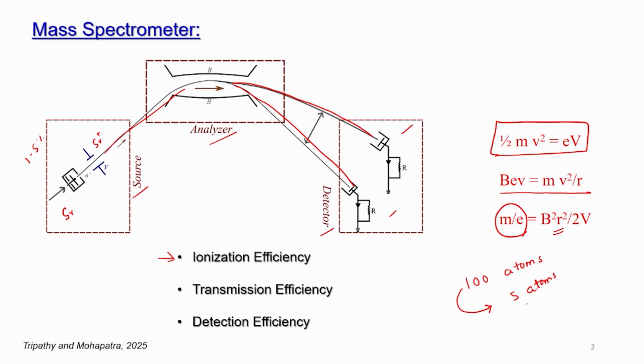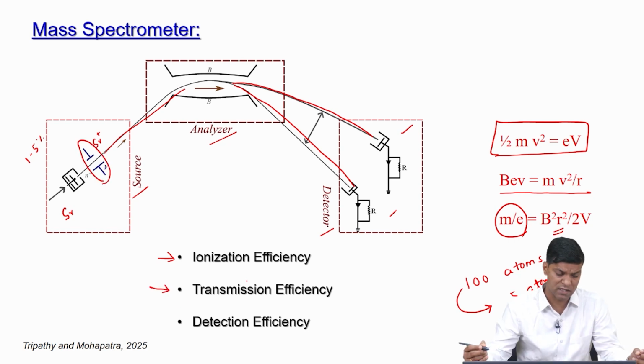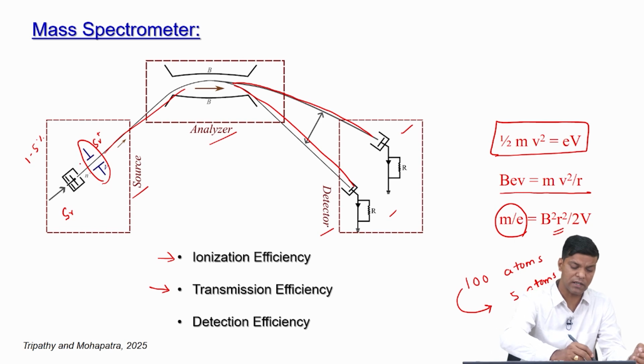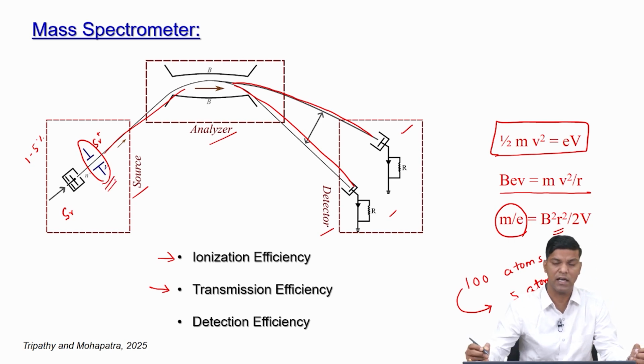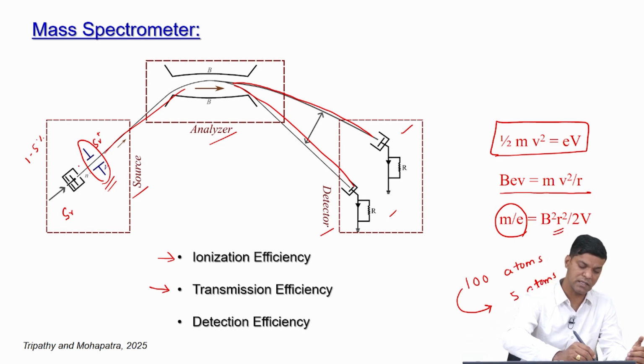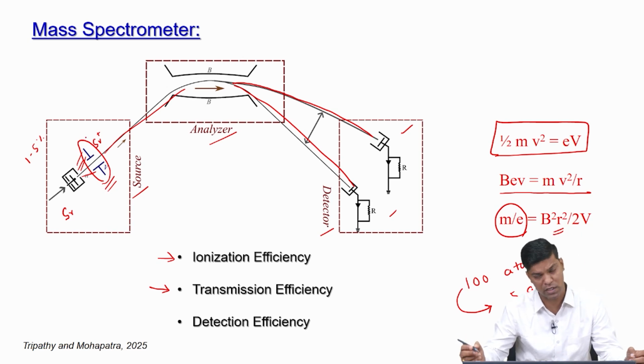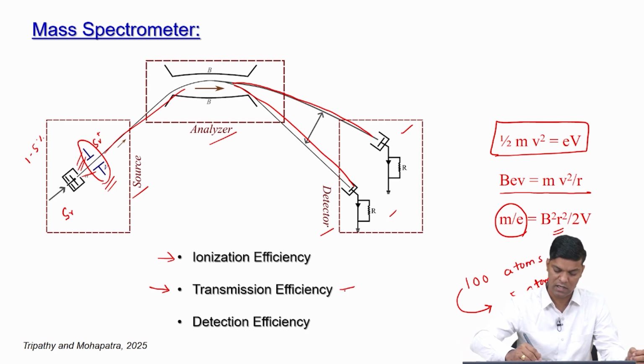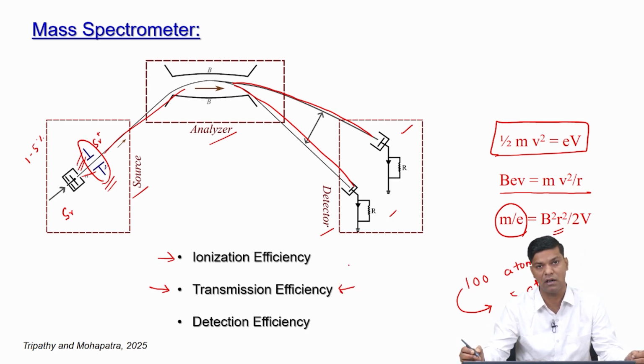After they get ionized, there is the transmission efficiency. The electric filters that are there will ensure that you get a good signal in the detector, but at the same time they will restrict some other ionized particles from reaching the detector, and hence you will have a difference in what got ionized and how much ultimately reached the detector.